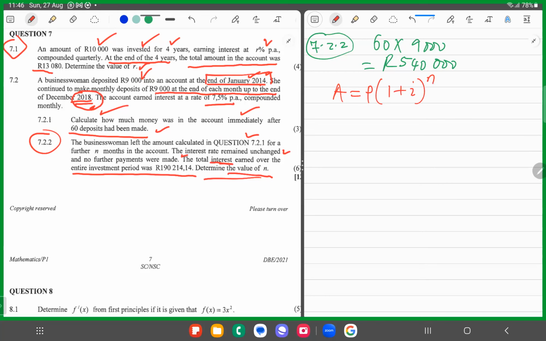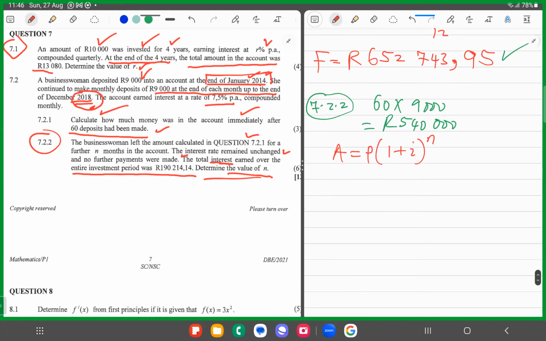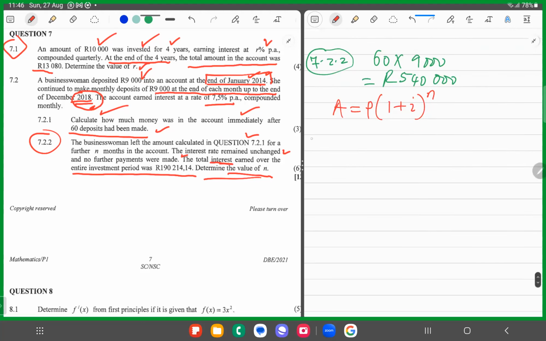Okay. So how much money was there in the account? 652,743.95. So 652,743.95 times 1 plus i, divided by 12.